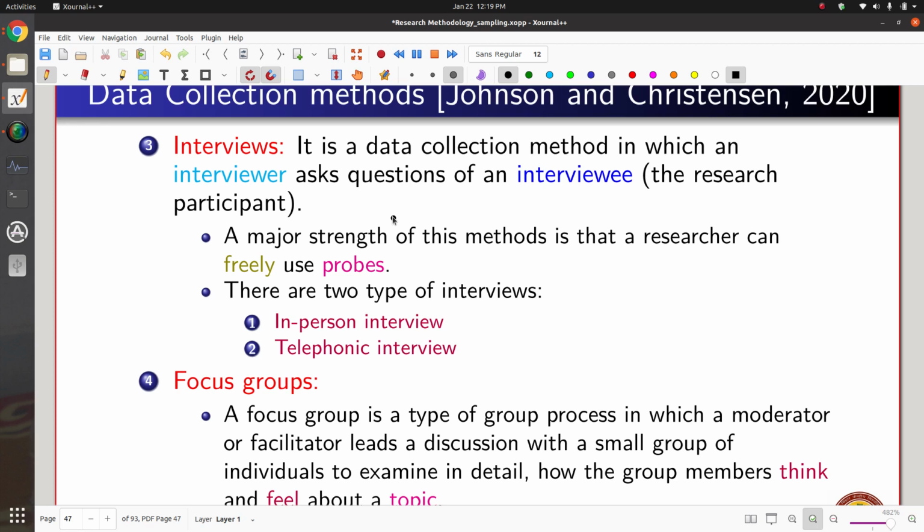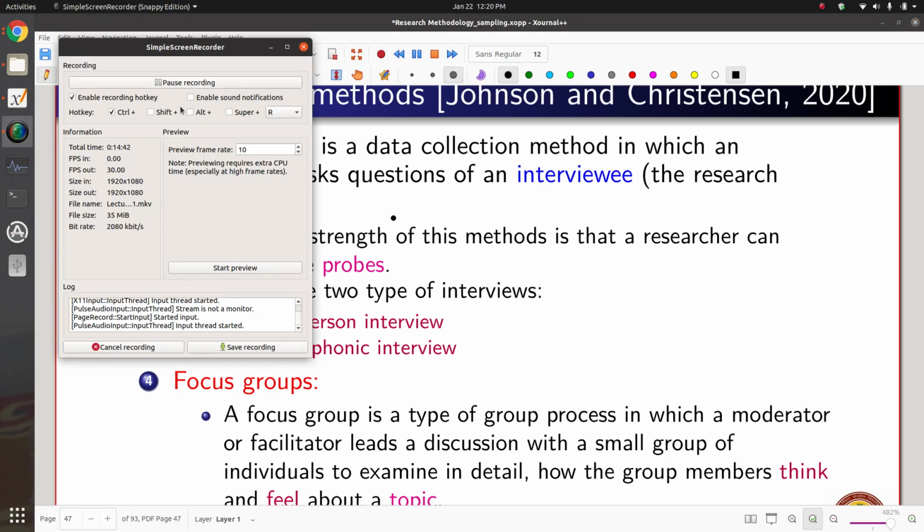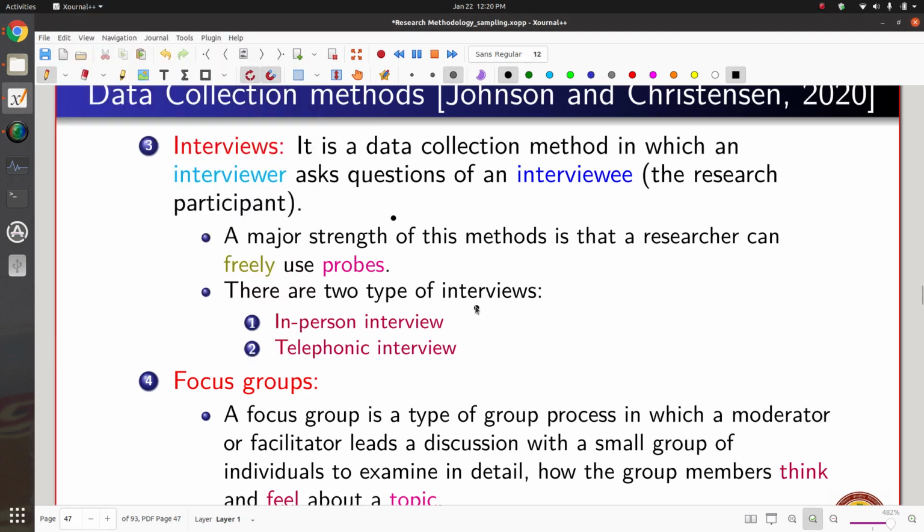So you may need to travel to the place where the interviewee is, or the interviewee may need to come to meet the interviewer, and so on. So that is the problem. It may put an additional financial burden on the researcher. That is one drawback of this method.